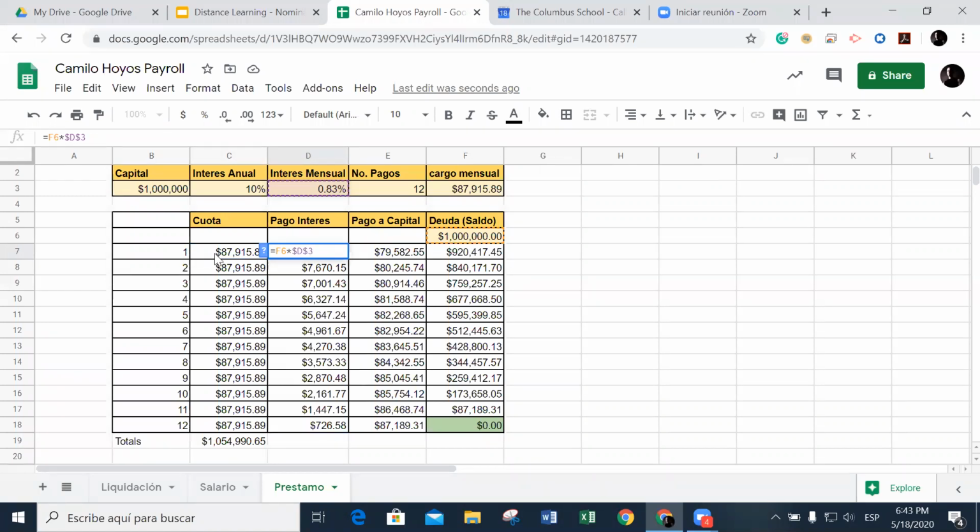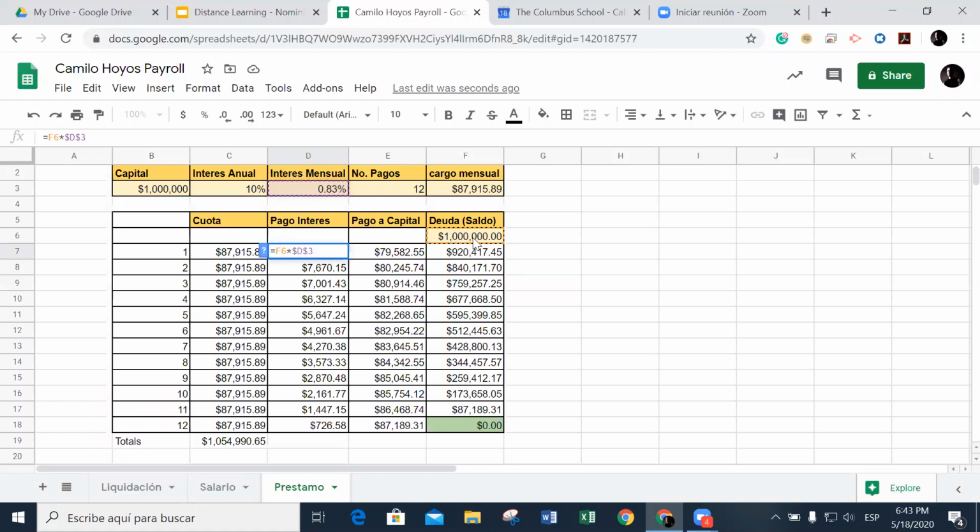You're literally paying the first time ever. So right now you owe 1 million pesos. So you click on F6, which is right here, the 1 million, which is whatever you previously owed, times D3. And D3 is the monthly interest, right? Because we're calculating the interest that we're paying, right?